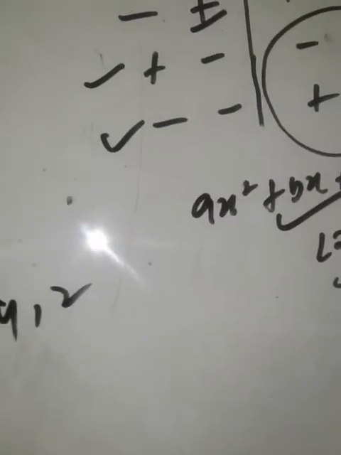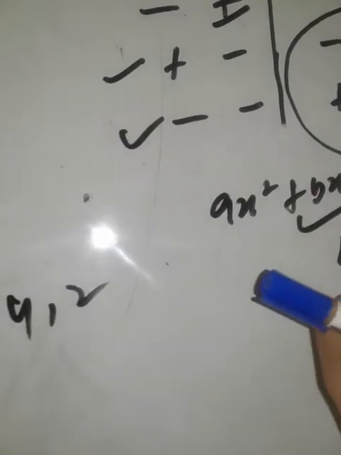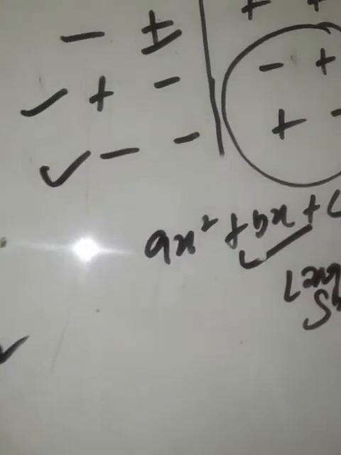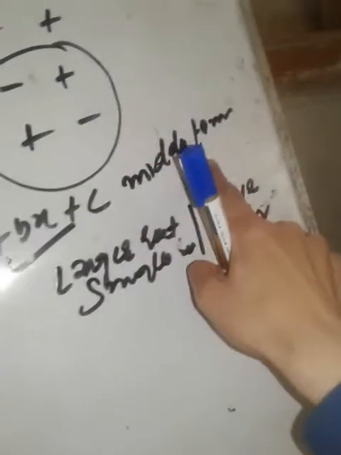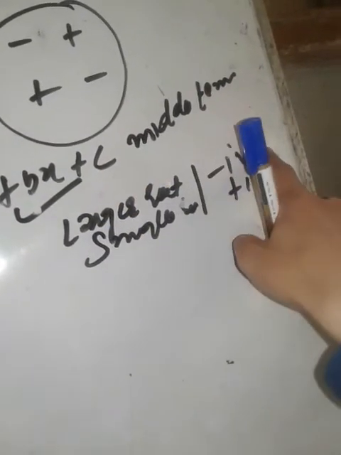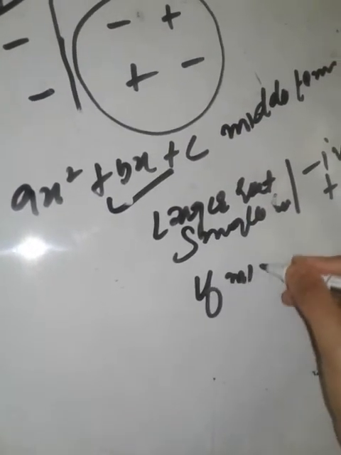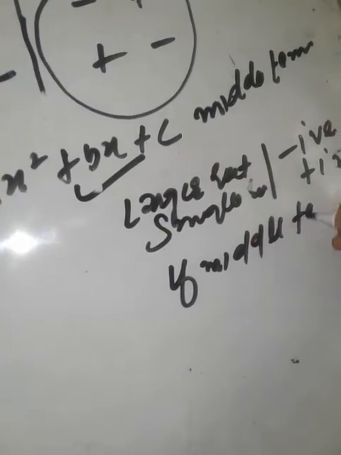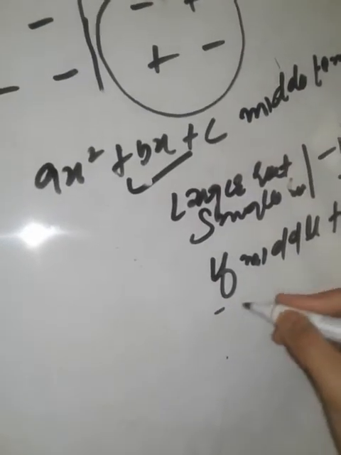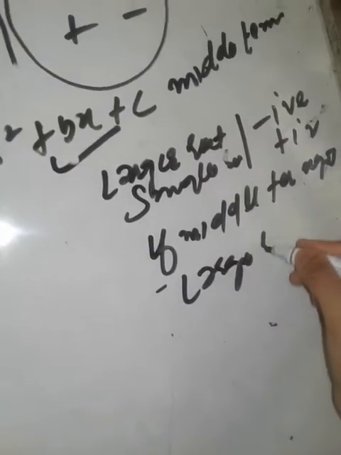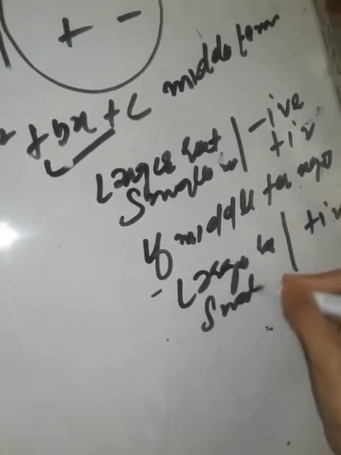If the middle term is positive, the larger root will be negative and the smaller root positive. If the middle term is negative, then the larger root is positive and the smaller root negative.